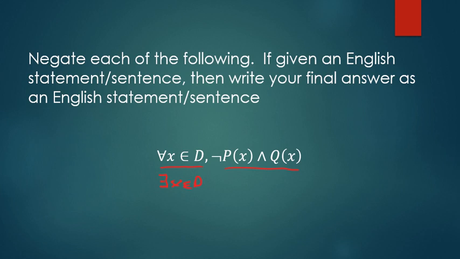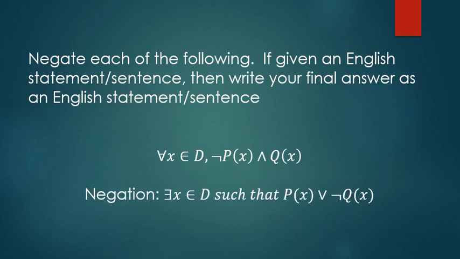So not of not p of x is just going to be p of x. And when we take the negative of a conjunction, it switches to a disjunction, and then not q of x. So this is exactly what we get in our next slide. There exists x in D such that p of x or not q of x. You'll see me write s.t., which is just short for such that.